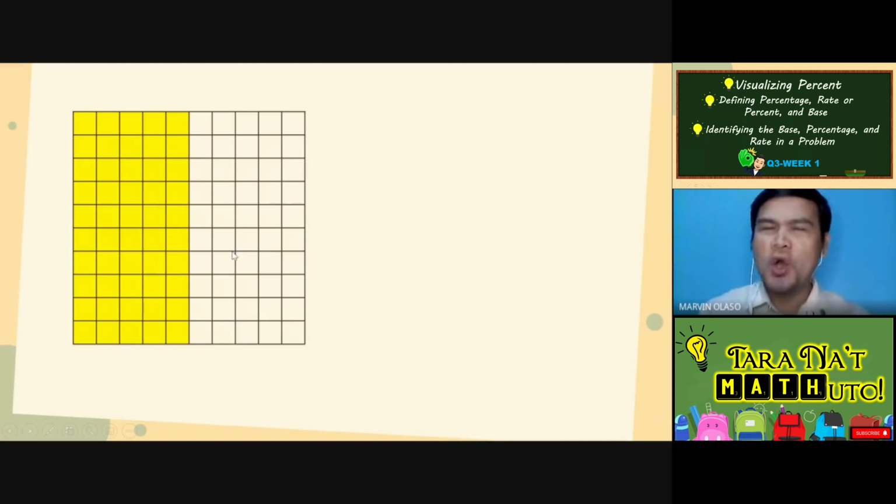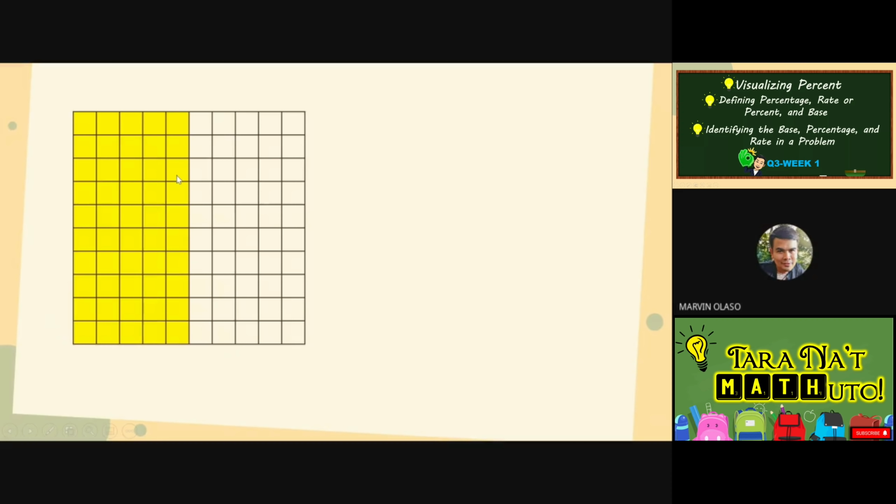As you can see, we have a big whole square divided into how many square parts? Yes, there are 100 square parts. Let's use the figure to visualize the fraction, decimal, ratio.